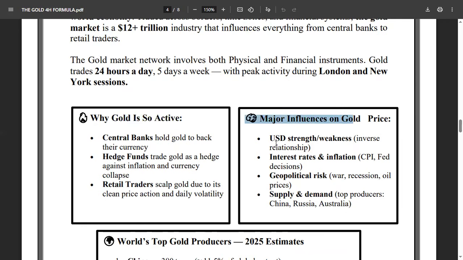These are the main factors that influence the gold price, which we will learn a lot about when we reach the lesson on factors affecting gold price. We will learn them in depth and how to analyze them. So we have USD strength and weakness, interest rate, inflation, geopolitical risks, and supply and demand.